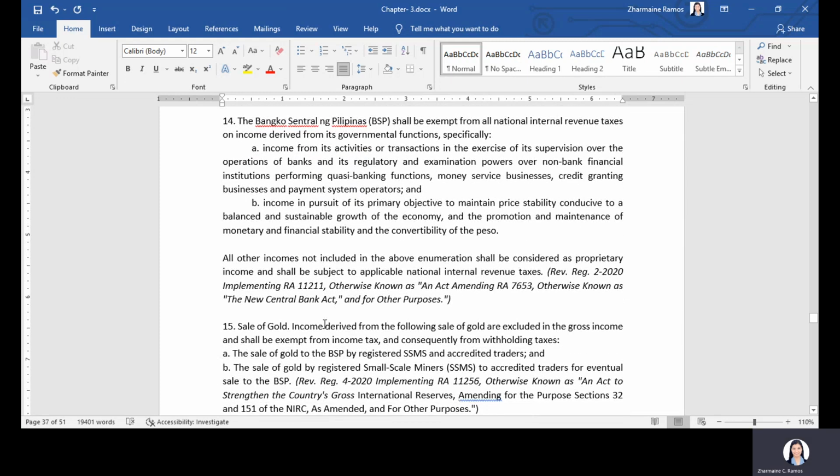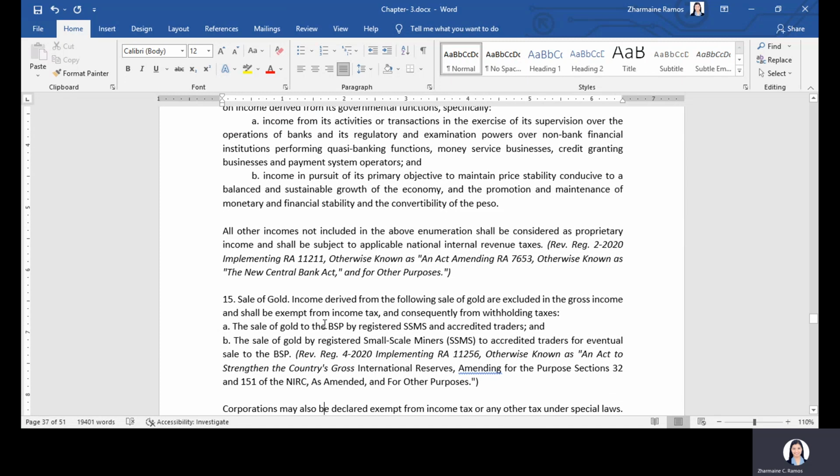Sale of gold. Income derived from the following sale of gold are excluded in the gross income and shall be exempt from the income tax and consequently from withholding taxes. Ano yung mga yun? Sale of gold to the BSP by registered SSMS and accredited traders, and sale of gold by registered small-scale miners.